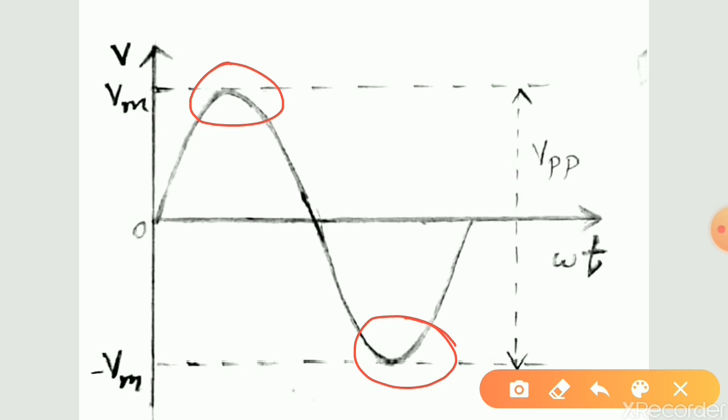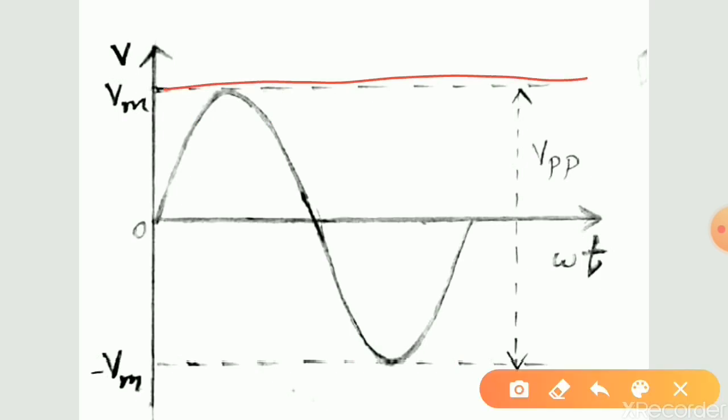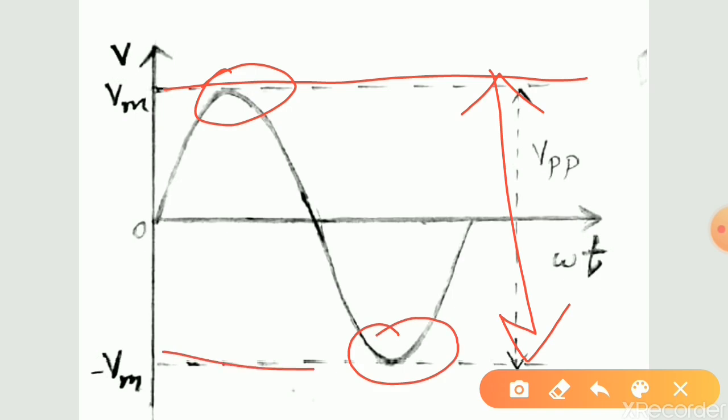The next term is peak to peak value. The peak to peak value of a sine waveform is the value from the positive peak to the negative peak point.